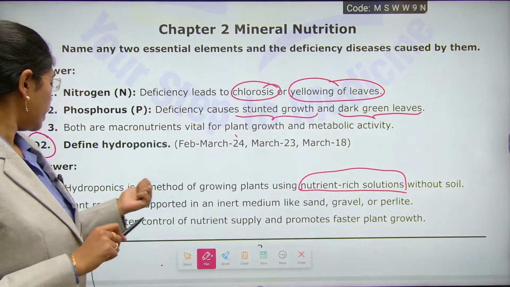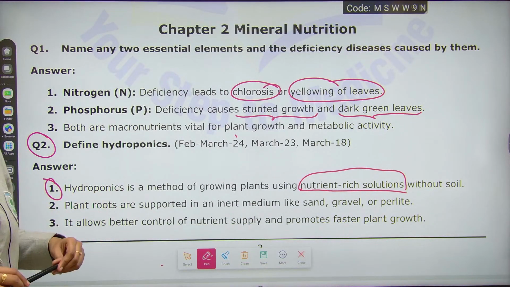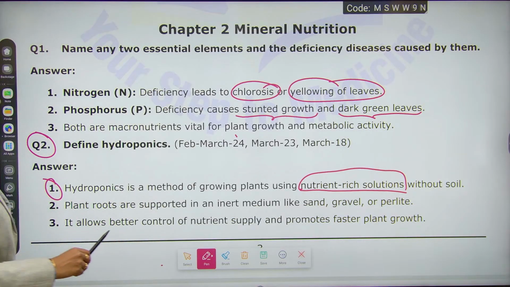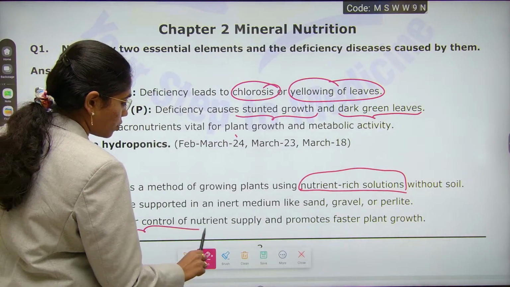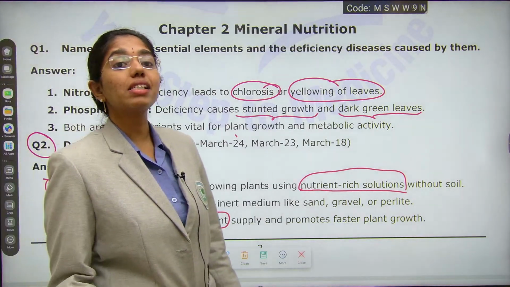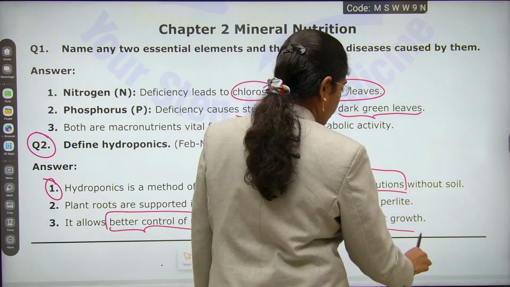The plant roots are supported in an inert medium like sand, gravel and perlite. This allows better control of nutrient supply, and this promotes faster plant growth.